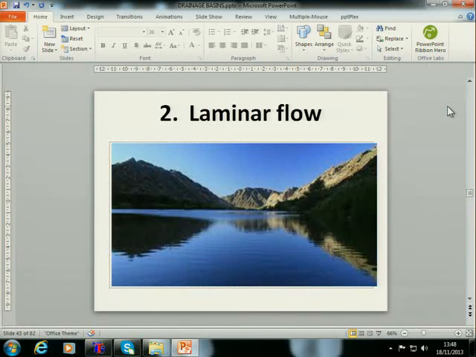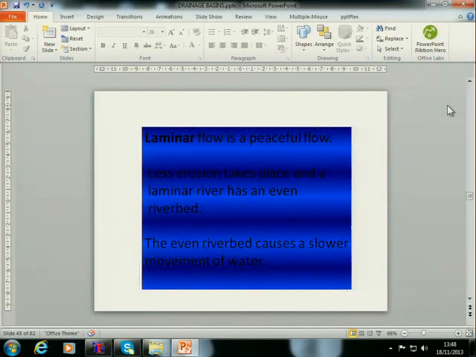Laminar flow is a peaceful flow. It doesn't mean that the water is going slowly. You can still drown or be taken by streams in water flowing laminarly. Be careful of that, because at the top it looks peaceful, but at the bottom the water can still move very fast, although your eye can't see it.